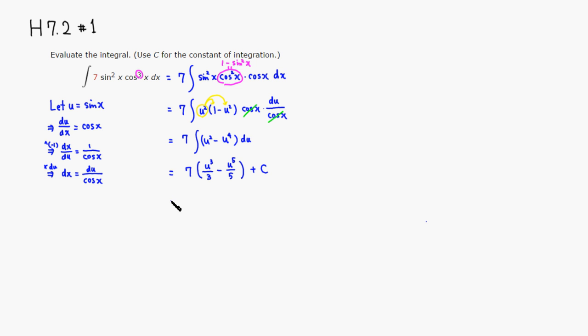Then we put the original variable back in. Since u is sine of x, you have sine cubed of x over 3 minus sine to the 5th of x over 5, plus some constant c.